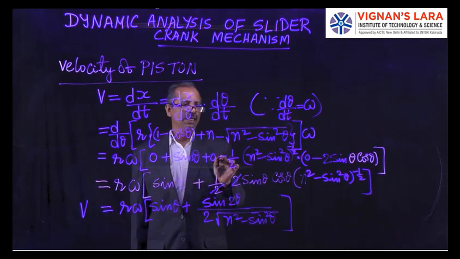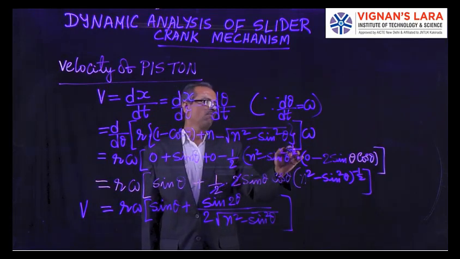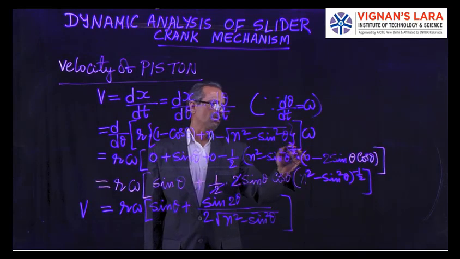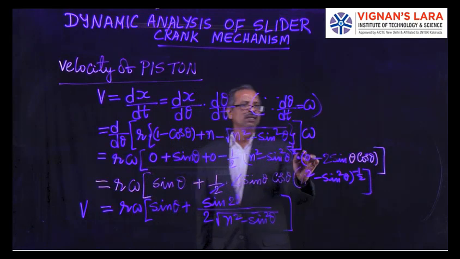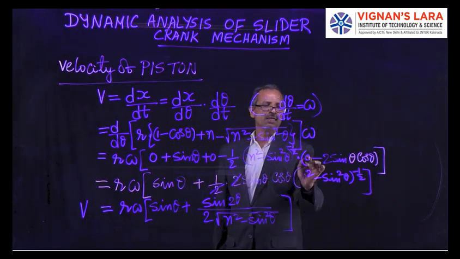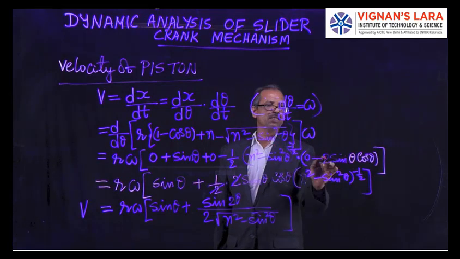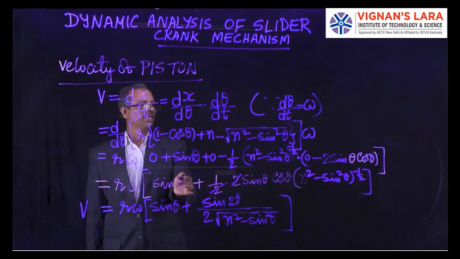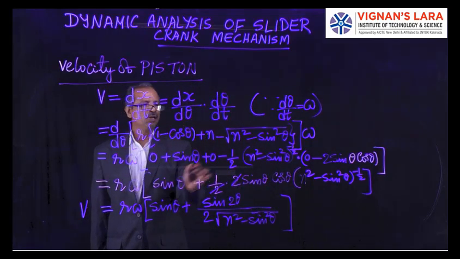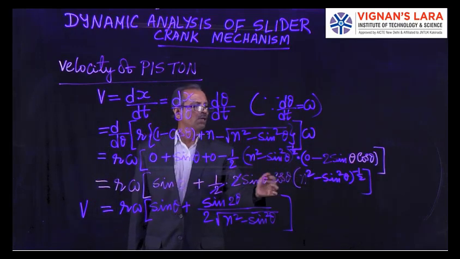I have taken minus 1 by 2 whole to the power of minus 1 plus, minus half plus 1, that is minus half. Then here inside, n square is 0, then sin square theta differentiation is minus 2 sin theta cos theta, already minus is there. Then I can write sin theta, then this 1 by 2 and this 2 sin theta cos theta.